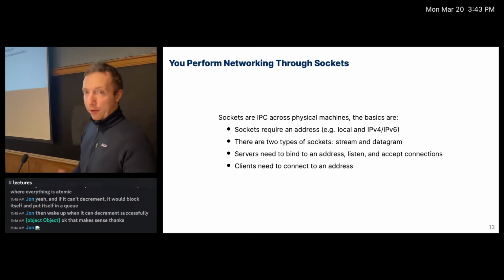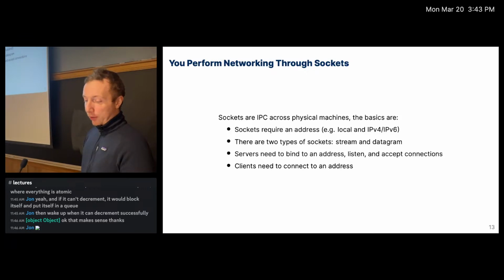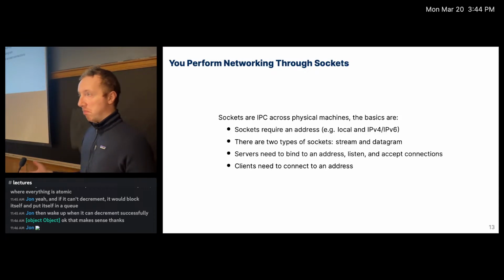If you're a server, all you have to do is bind to an address, say you're listening to it, and accept incoming connections. If you're a client, all you need to do is connect to an address. Then on both sides, you just have a file descriptor, and the same read and write system calls we all know and love. So any other questions about this or the lab or anything at all?